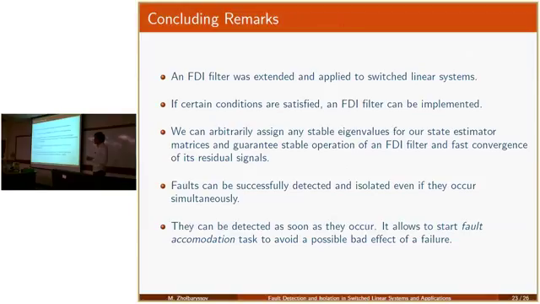And faults can be detected and isolated as soon as they occur, and it might help us to start the next task, the accommodation task, to avoid a possible bad effect. But it's out of scope of this work.